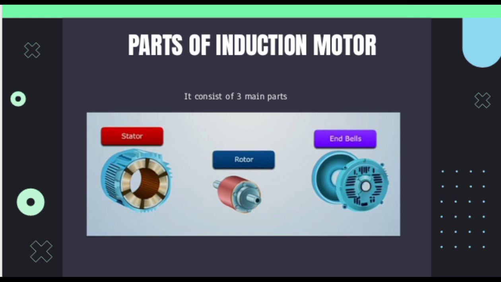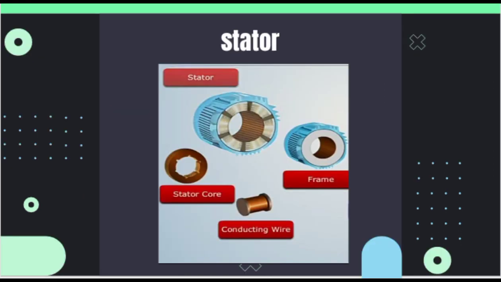The interaction of magnetic fields in the stator and rotor results in a mechanical torque of the rotor. The end bells, also called end shields, covers, plates, etc., are used to support bearings or cover the windings.